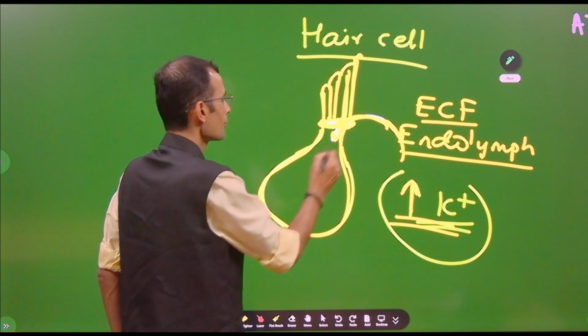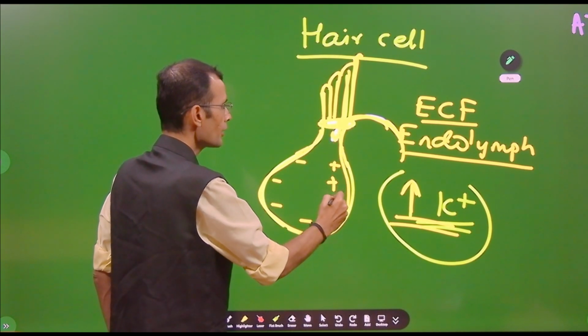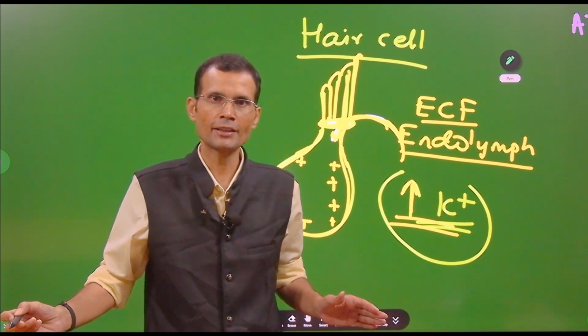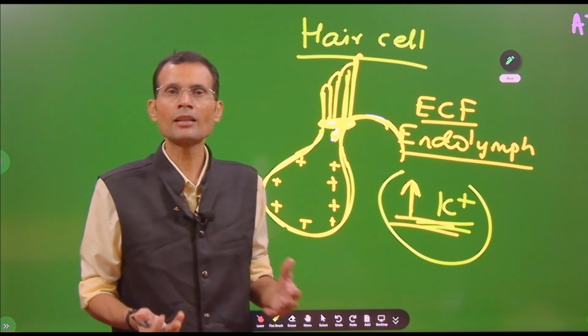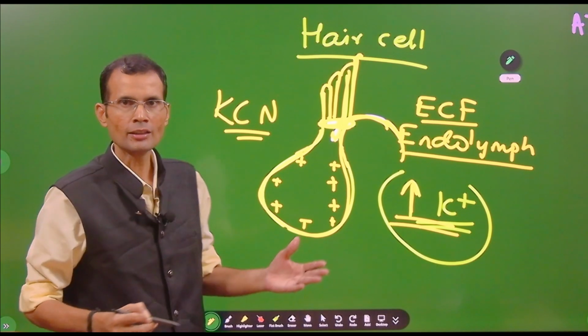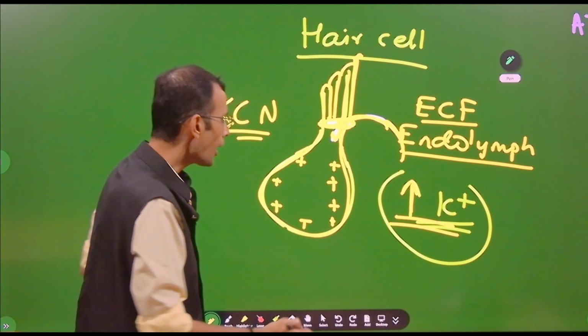Potassium enters. This cell was resting at -70. Now the potassium enters, so the membrane is depolarized. The hair cell has excited. This potassium is sent out by channels such as the KCNQ types of channels, but there is still research going on as to which channel sends the potassium out in this case.